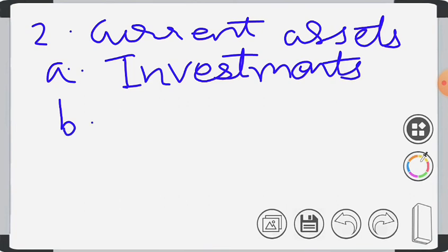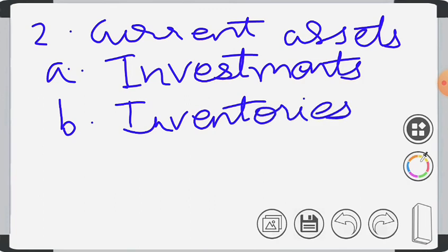B would be inventories. C would be trade receivables.